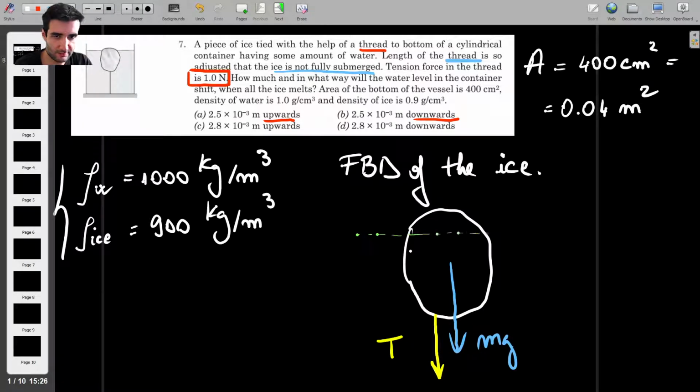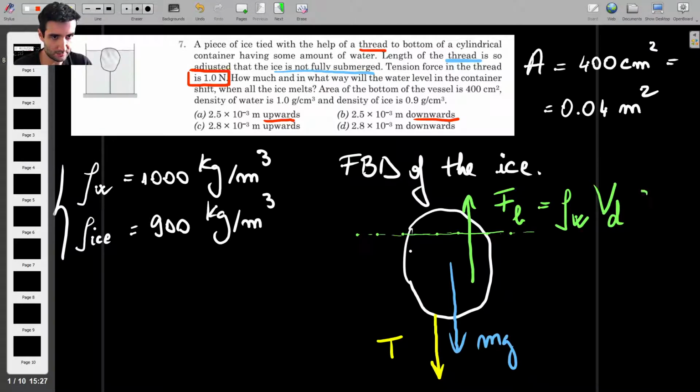So if the ice is floating, and this is the water level, the free surface, then we have a buoyant force as well, which is F_B, which is the density of the water times the displaced volume times g.